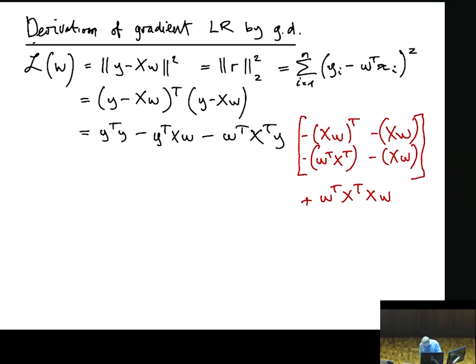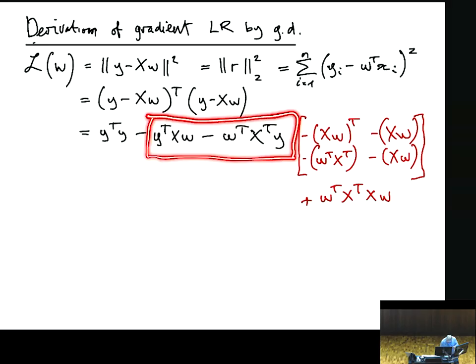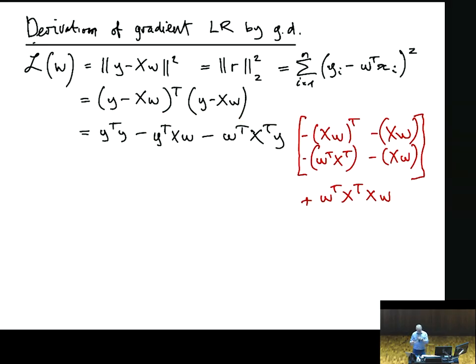So now, there's actually one other thing that we can do. If we look at these two, normally if you expand a square like this, you can usually get two things that are essentially the same.